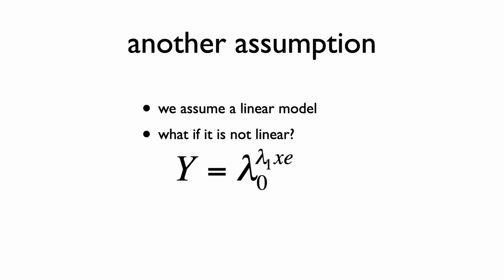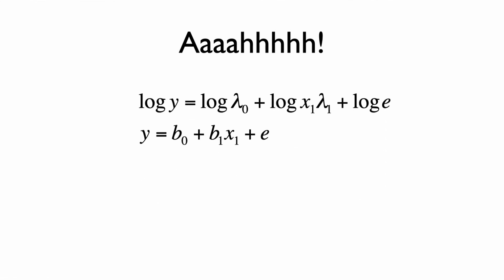You look at that and you think, well, I can't do regression on this data set because it looks like it's curved. The thing is, you could actually turn that into straight lines. But first you scream, ah! Then just take the logarithm of the thing, and it fixes everything. So log y, log lambda sub 0, log lambda sub 1, x sub 1, etc.